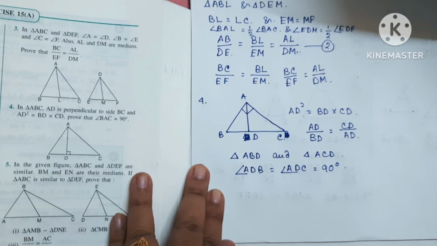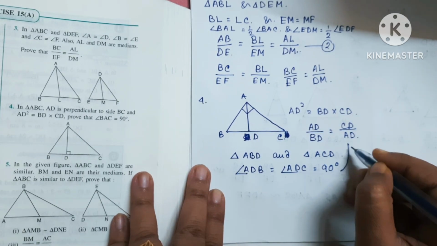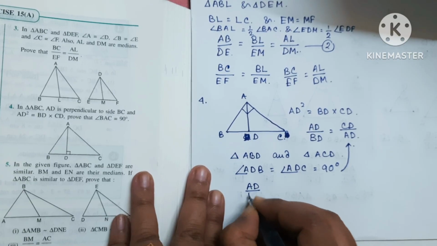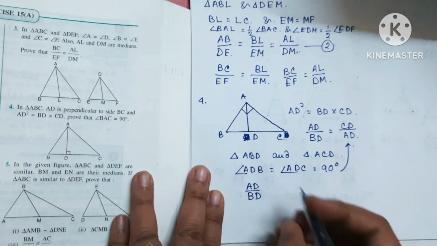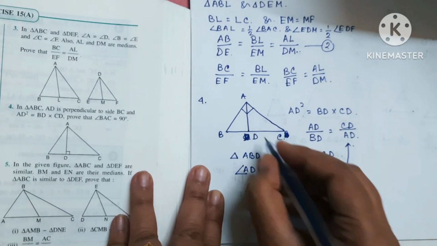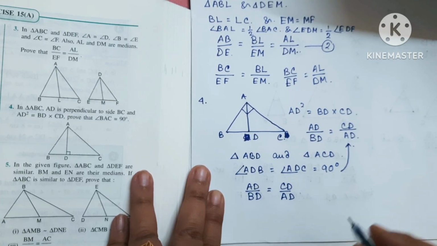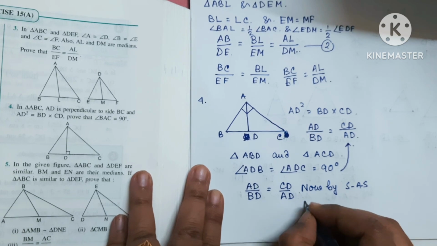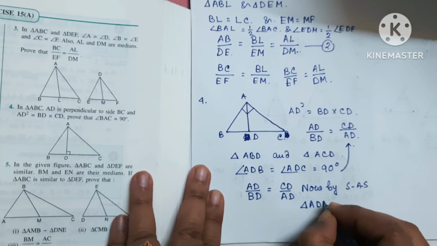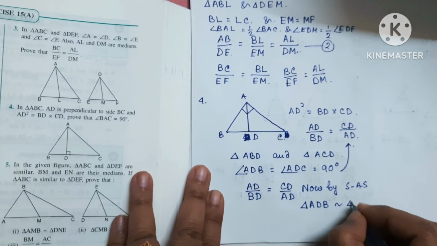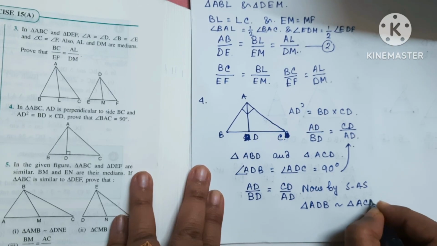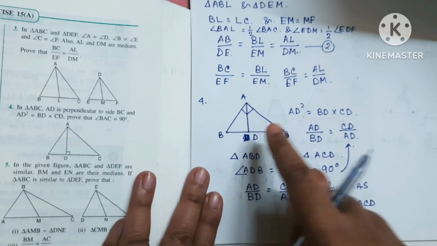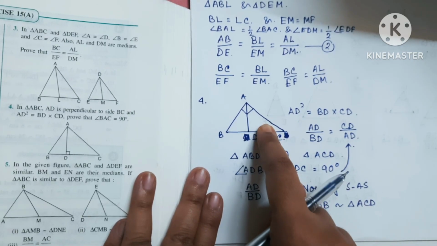And AD by BD is equal to CD by AD. Now, by SAS, triangle ADB is similar to triangle ACD.